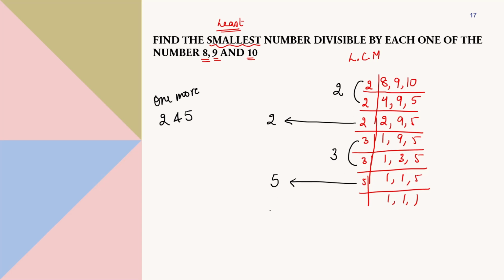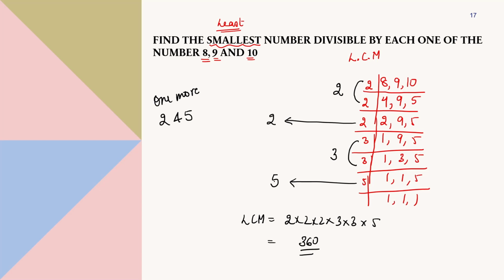So first find out what is the LCM. 2 into 2 into 2 into 3 into 3 into 5. So 5 2s are 10, 10 2s are 20, 20 2s are 40, 40 into 9 is 360. So 360 is our LCM, which is definitely not a perfect square.